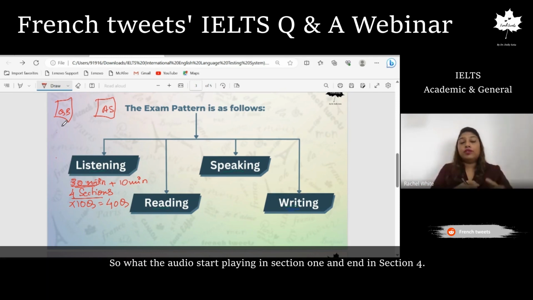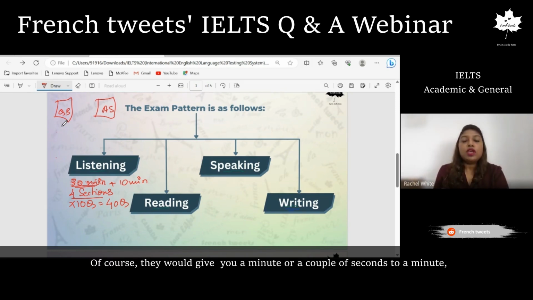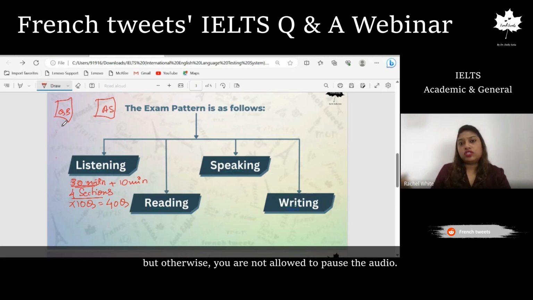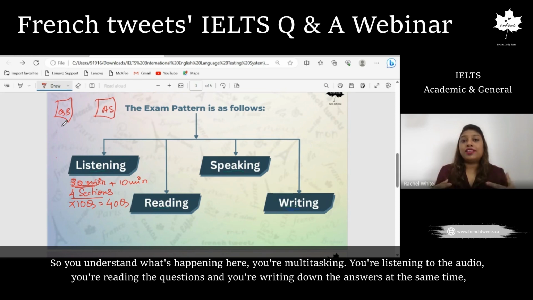The audio starts playing at section 1 and ends directly at section 4. Of course, they would give you a couple of seconds to a minute in between the sections, but otherwise, you are not allowed to pause the audio. So you understand what's happening here? You're multitasking. You're listening to the audio, reading the questions, and writing down the answers at the same time.